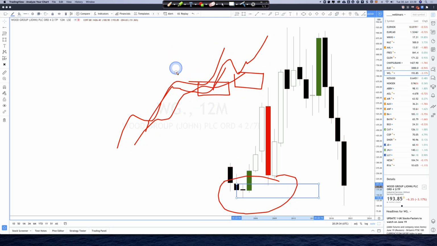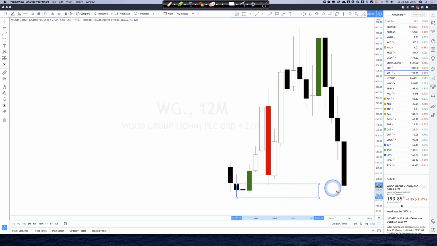This is scenario 1, this is scenario 2. Which one would you prefer? Scenario number 1, 1,000 times. For me, this one, I'm not touching it, even though I am almost convinced that price is going to rally at least to that interchange zone. Convinced. But conviction will not make money for me.